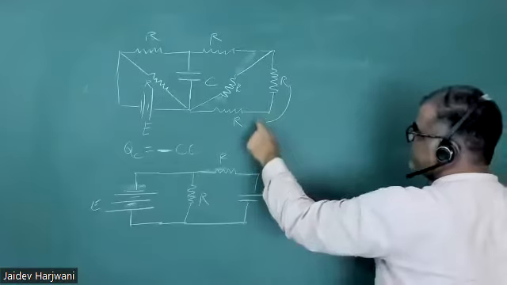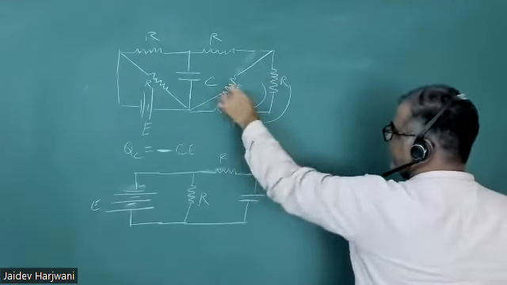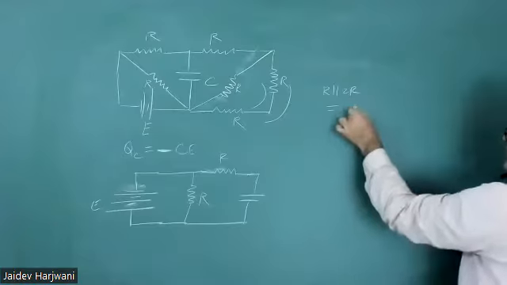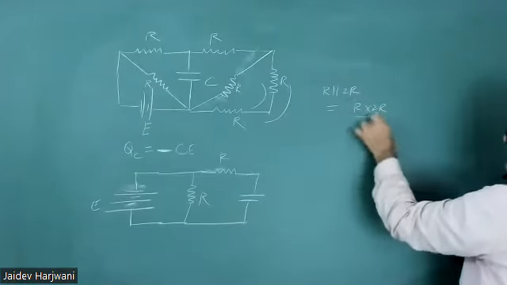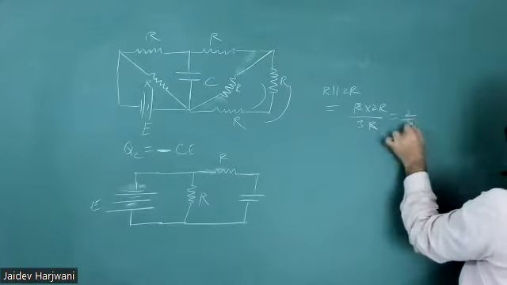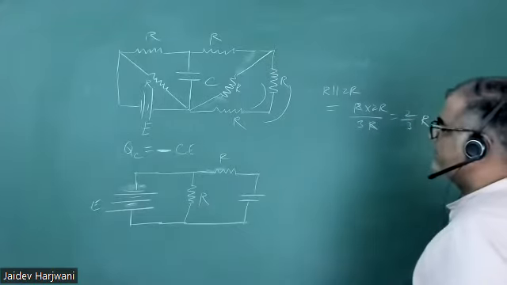These two are in series, so 2R is parallel with R. That gives R times 2R over 3R, R cancels, so this becomes 2R/3.